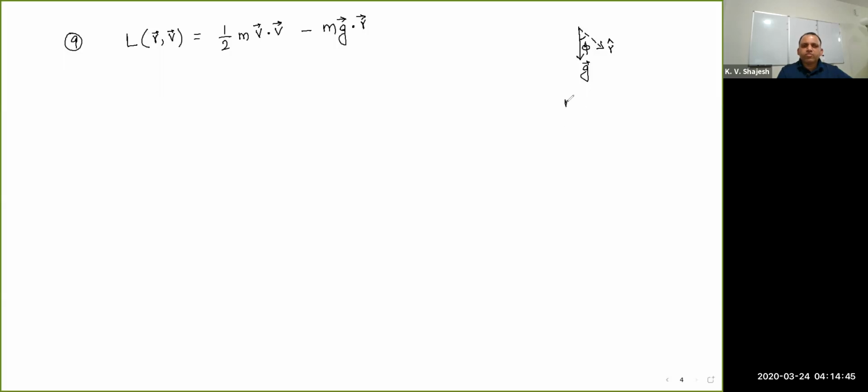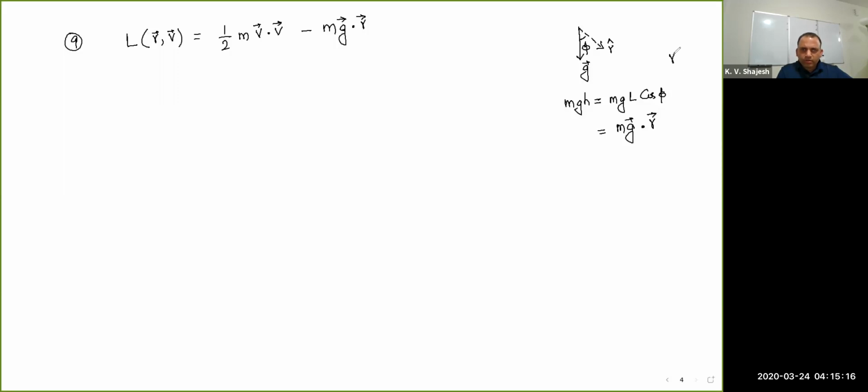Right, so mgh actually is mg L sine phi, or cosine phi. So that's mg L cosine phi, but mg L cosine phi also is equal to mg dotted with vector r.